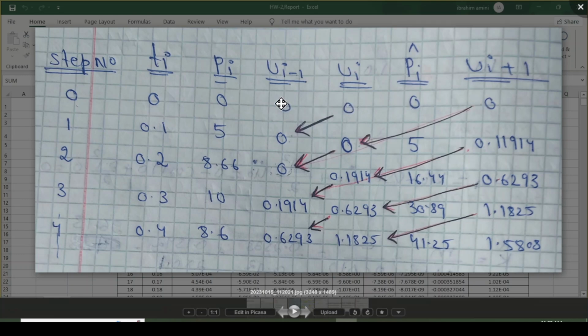It is 0, 0, 0, and this displacement will be taken from U i, and this will be taken from these ones. Also the same for U i. This will be 0, and this value will be taken from U i plus 1. This one will be from this, same, this will be from this. So this is the manual calculation.